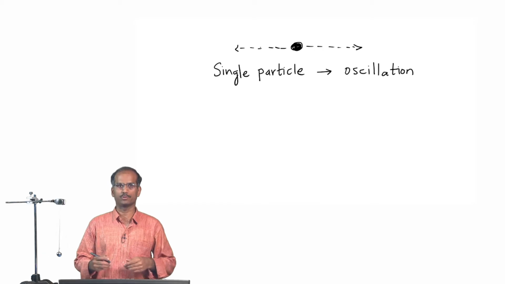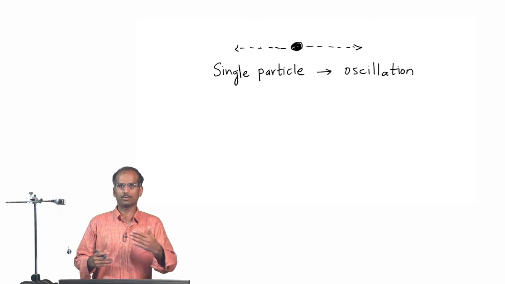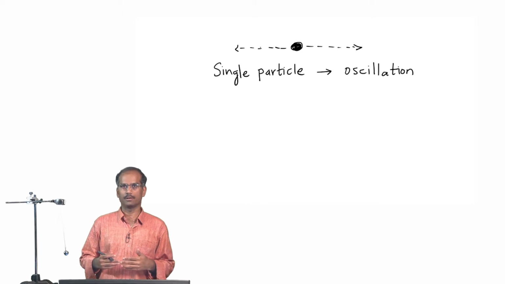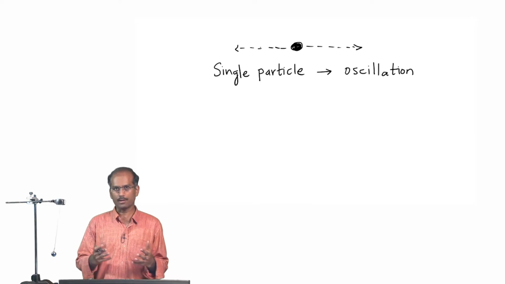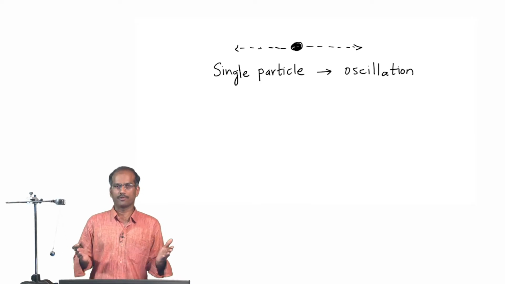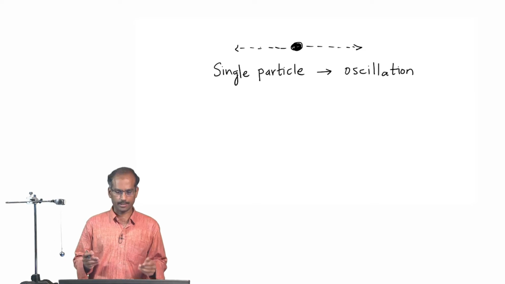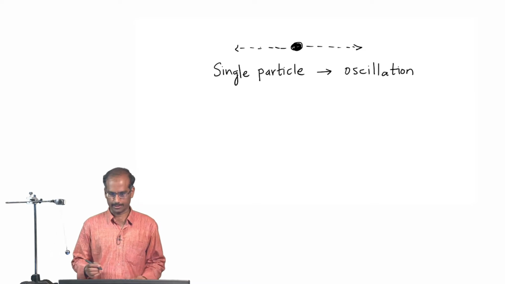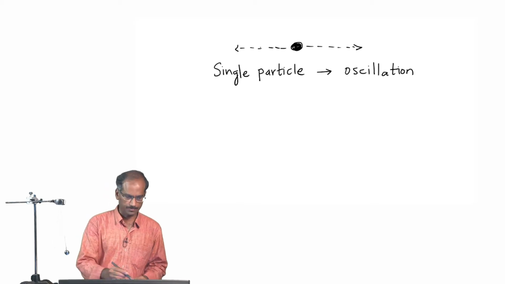For example, if I throw a stone from here, it goes off very far from where I am and is not going to return back to the original position. That is not an oscillatory phenomenon. So, we are looking at phenomena which are going to explore the same space again and again, something like this. So, that will be the oscillations of a single particle.